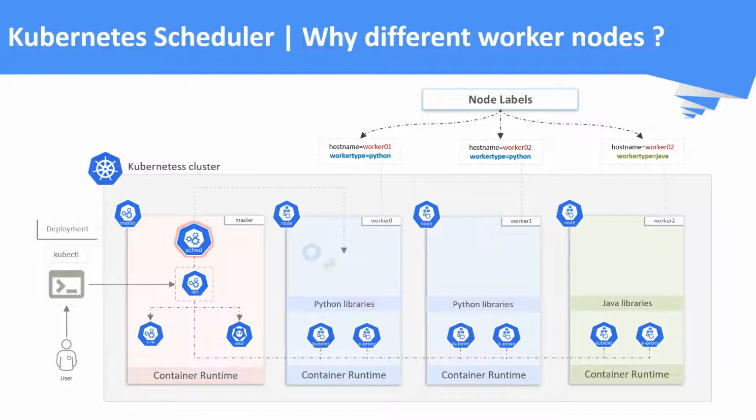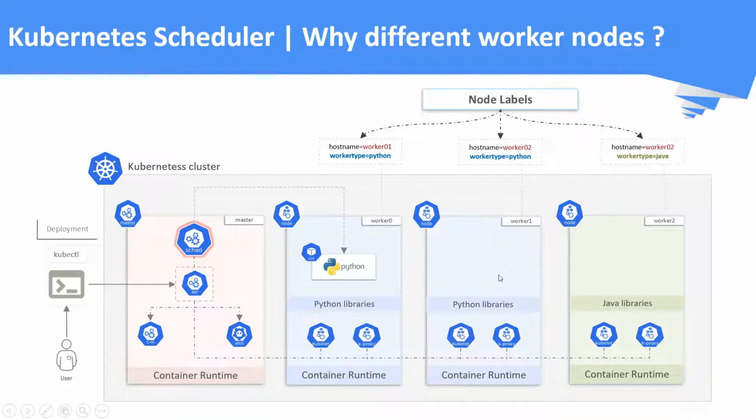Whenever we are deploying pods which are going to run our Python application, we should always choose only worker node 0 or worker node number 1. This is because only worker node 0 and worker node 1 have Python libraries installed.